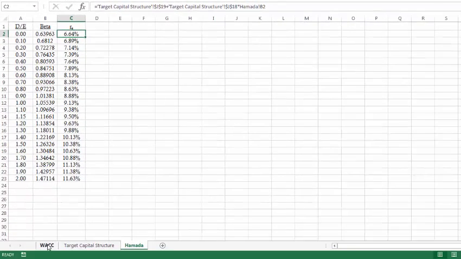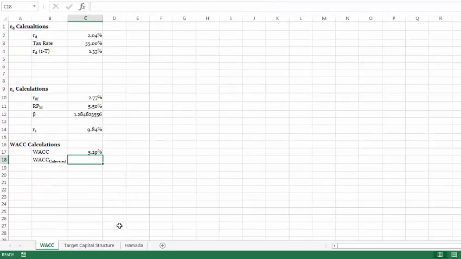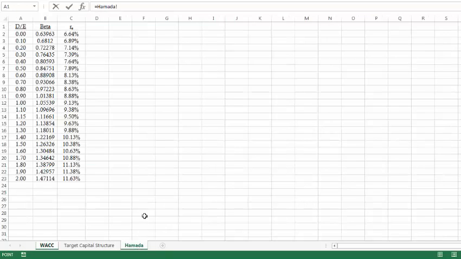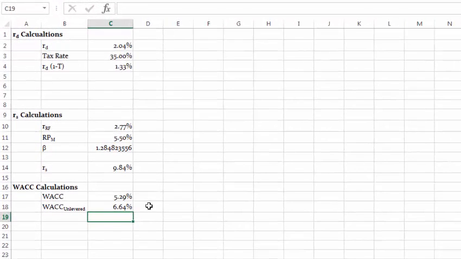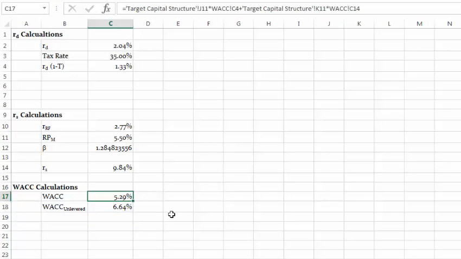And unfortunately, I did not put the equal sign, so I'm going to have to do that all over again. Equal, go over to your Hamada tab, and go to the very top one where they have debt to equity 0, and I'm going to hit enter. Now, typically what happens at this point is people go, oh really? I actually have a lower cost of capital with debt than I had without it.